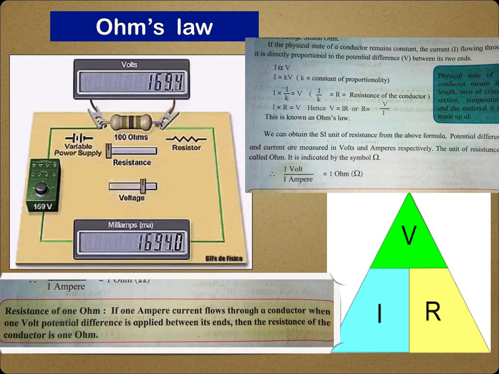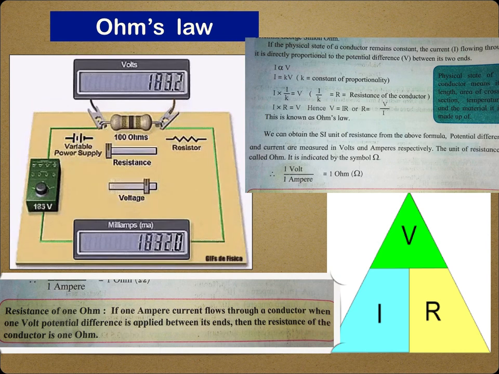Now for example, if you know V and I, and you want to determine the value of R, then just eliminate R and see what is left. What is left? V and I, that is V upon I.